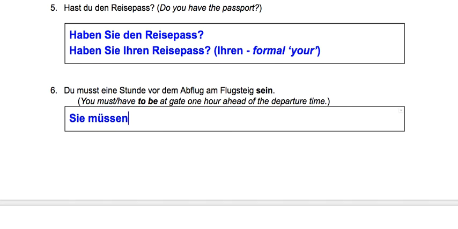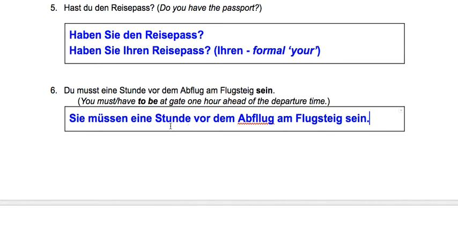Müssen is one of those verbs where the ü, müssen, must have an umlaut when it is on the plural side of the conjugation. Sie müssen eine Stunde vor dem Abflug am Flugsteig sein.